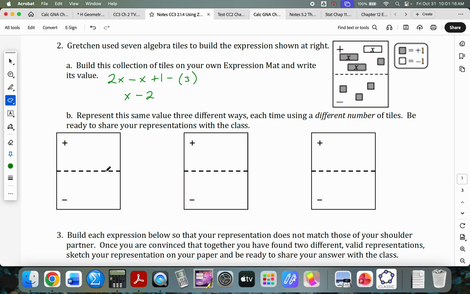So a different way that I could draw this is I could take that simplified part and go, okay, this is just equal to x minus 2. Would that be the same?